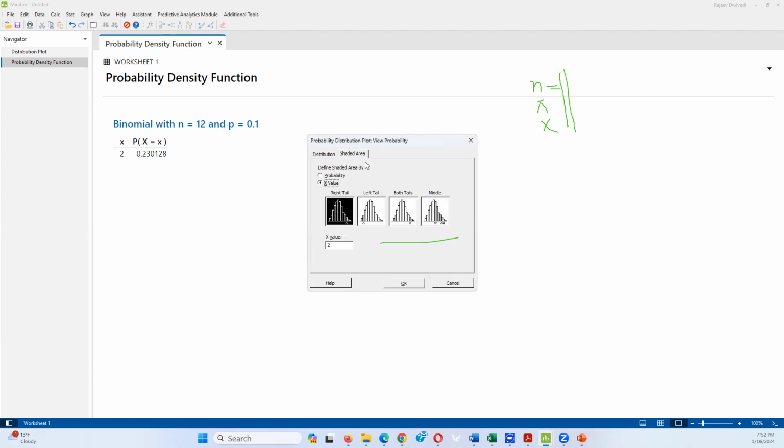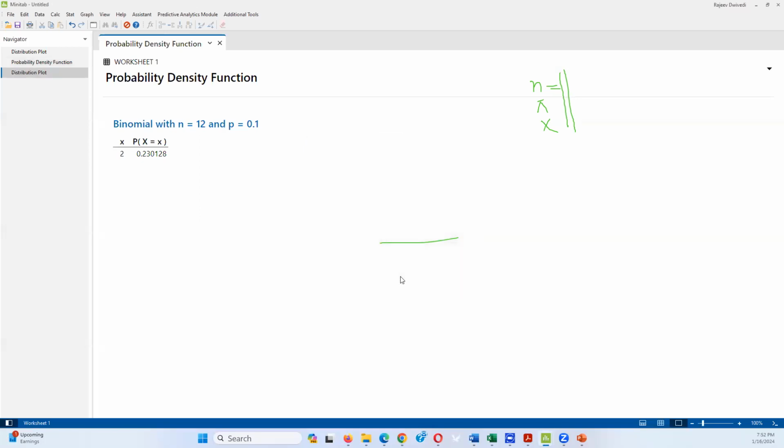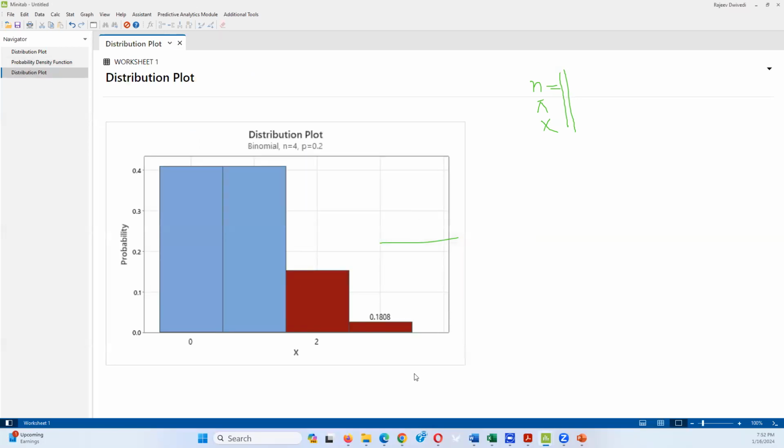Now you can see this is the right side value, and I already put 2, and this is the left side. If somebody is asking up to 2, then you can use this. Now we need more than 2, sorry, at least 2. And now you can get the direct answer, 18%. At least 2, so the total of this is 18%.